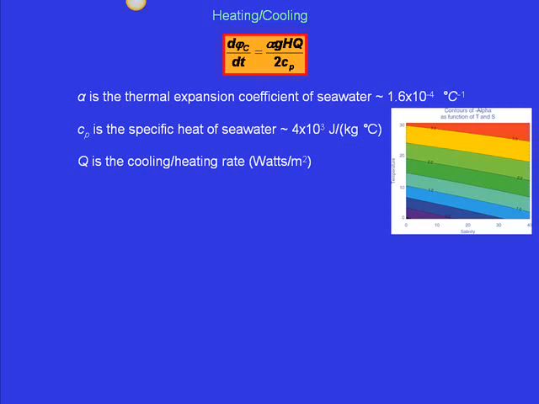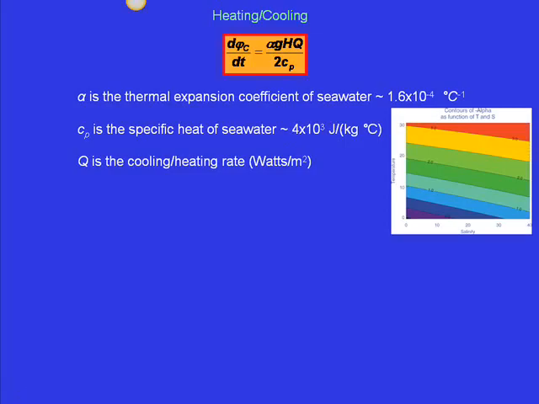Or we have to extract 4,000 joules per kilogram to decrease the temperature of seawater by 1 degree Celsius. So, do you have any idea whether this is a constant value or how much it varies?